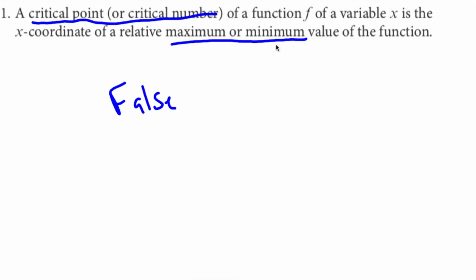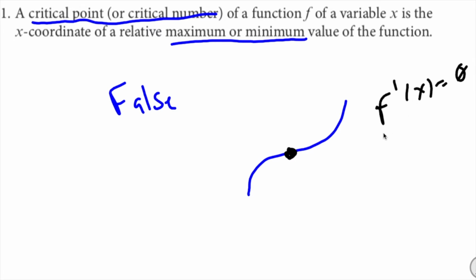If you remember, it could also be where the derivative was undefined, or it could also be something like this. You could have a function like this where this value right here would give you the first derivative being equal to 0, and that is a critical value, but it's not a max or a min because the function is increasing as it goes up through it.